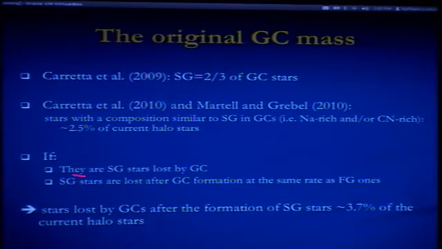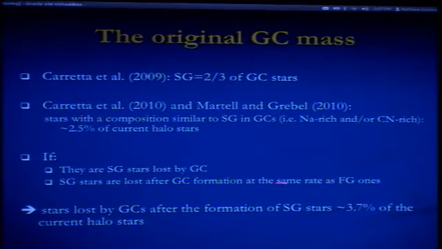If we assume that they are stars lost by globular clusters, and that second generation stars are lost from globular clusters at the same rate as the first generation ones, the stars lost by globular clusters after the formation of the second generation come out to be 3.7%, because it's 2.5% divided by 2/3. Okay? So it comes out 3.7%.